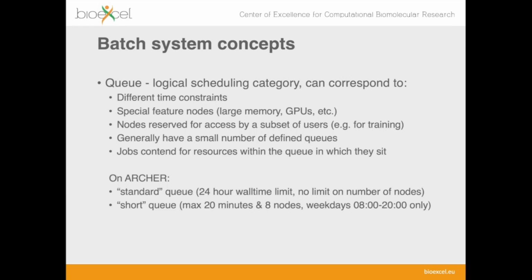Now, on ARCHER, the predecessor to ARCHER2, there was, for example, a short queue, which was to do with a certain maximum duration of jobs and maximum number of nodes that could be involved. On ARCHER2, something similar exists, but it's not called a queue. It's phrased in terms of quality of service, as will be clear from the concrete session that Julian is running, and also the practical.